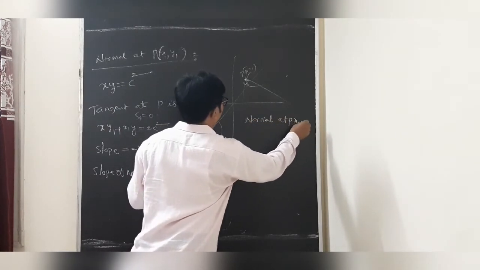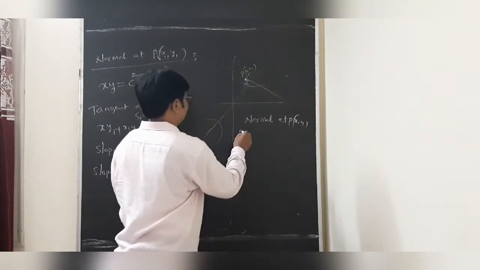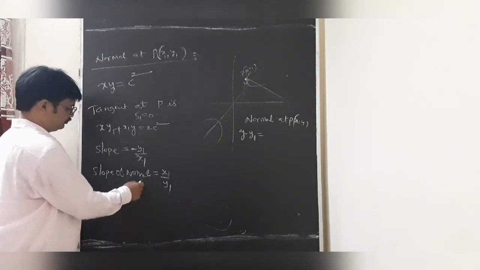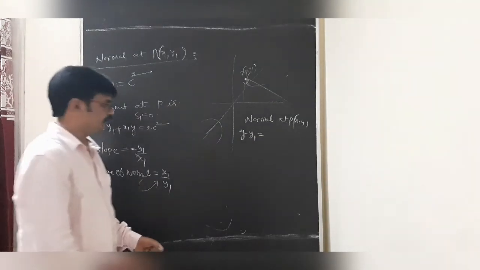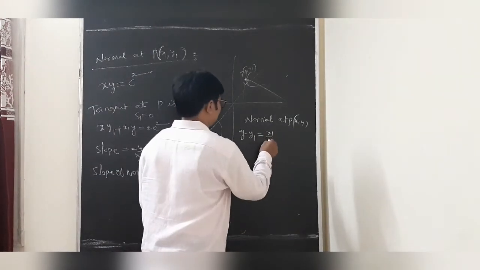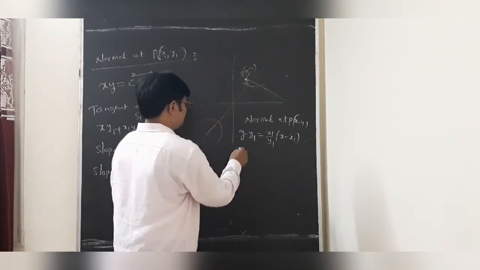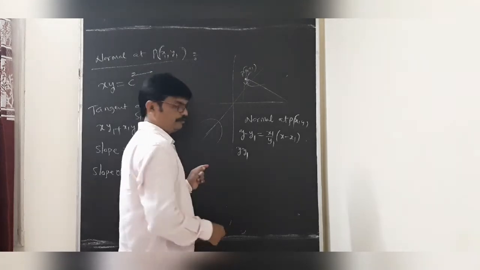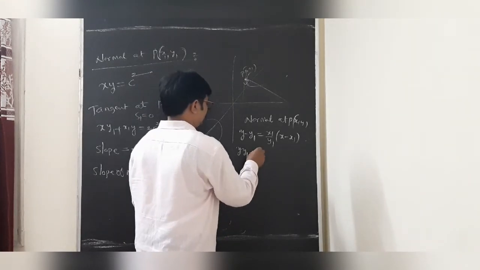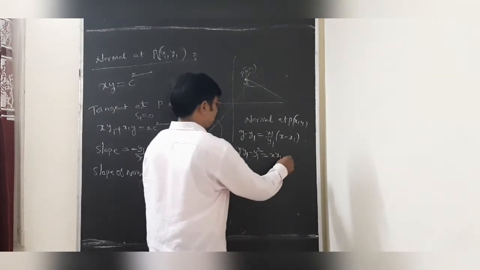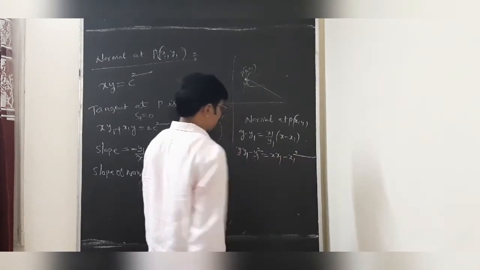So dear students, the normal at P(x1, y1): how to write this? y minus y1 equal to x1 by y1 into x minus x1. So students, y1 into y minus y1 square equals x1 into x minus x1 square.